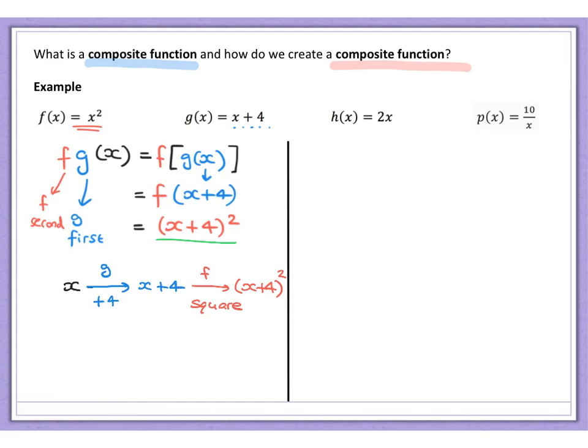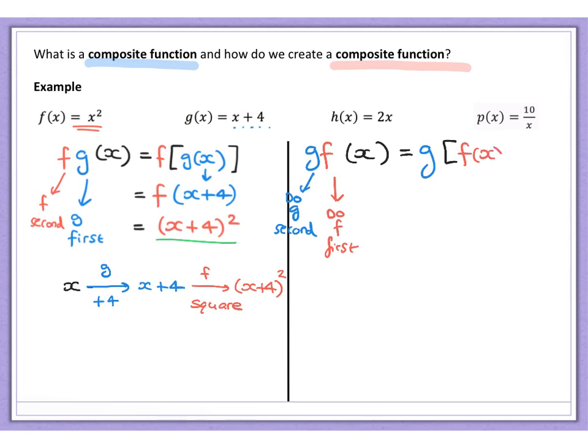So rather than fg of x, let's look at what happens if we create the composite function gf of x. Now again, the function that is closest to x is first, so this means we need to apply f first. We then apply g second. So let's work this through. So this is g of f of x.